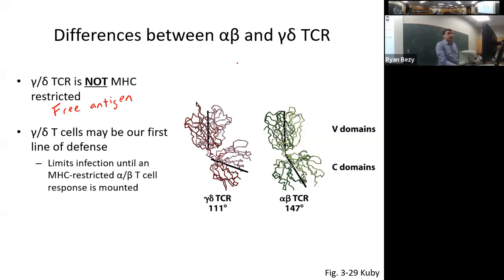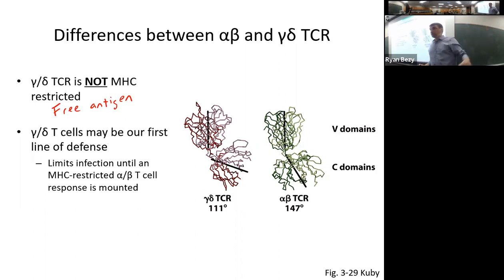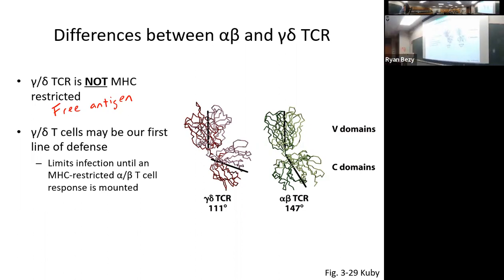So again, an alpha beta T cell receptor needs antigen presented by MHC. That is called MHC restriction. If T cells have the gamma delta variety of a T cell receptor, they can detect free antigen that is not complexed with MHC. But these T cells are not very common in our body. They're at a fairly low level.